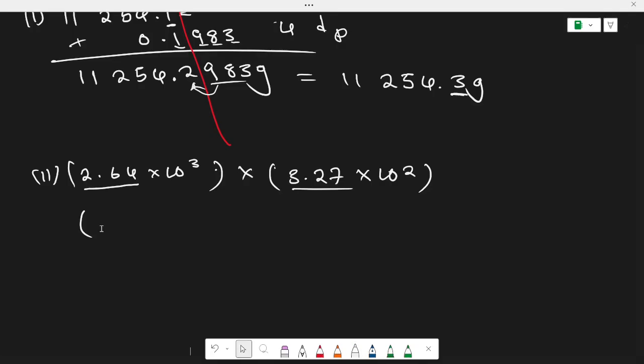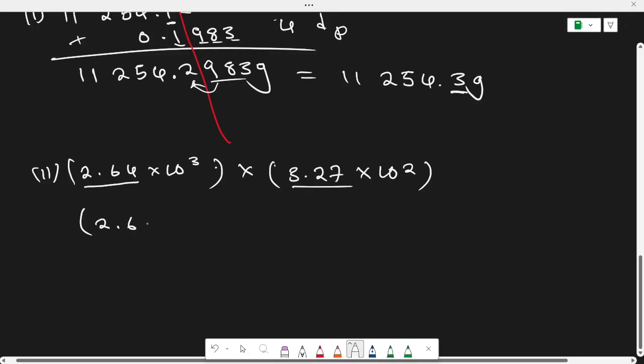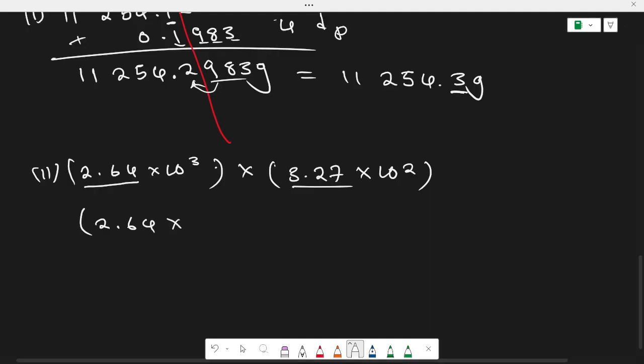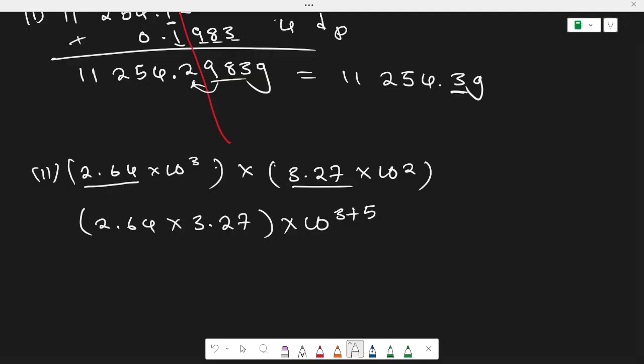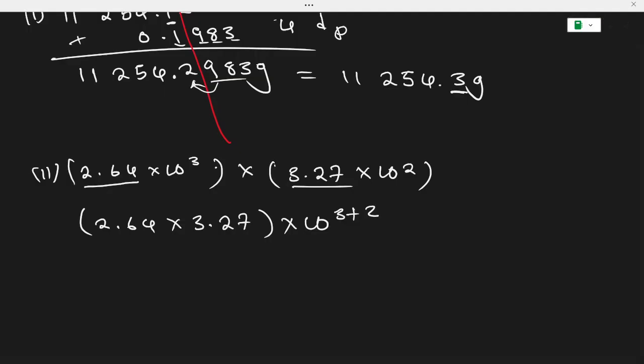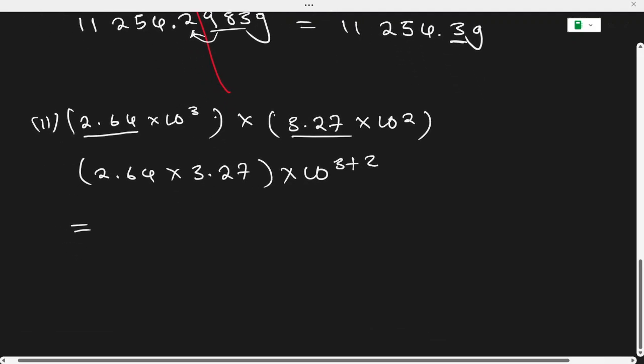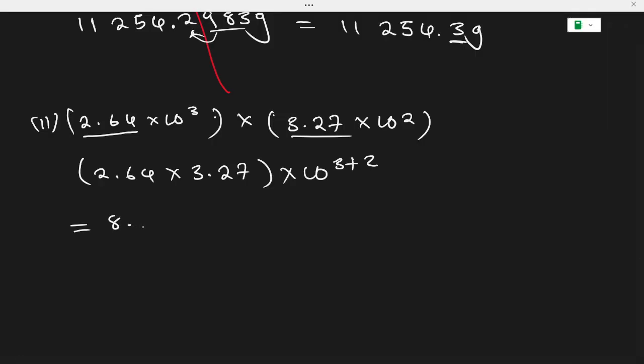These two will multiply, you get 2.64 times 3.27, then times 10. The exponents will add, 3 plus 2. This will give you 8.6328 times 10 to the 5 centimeter.